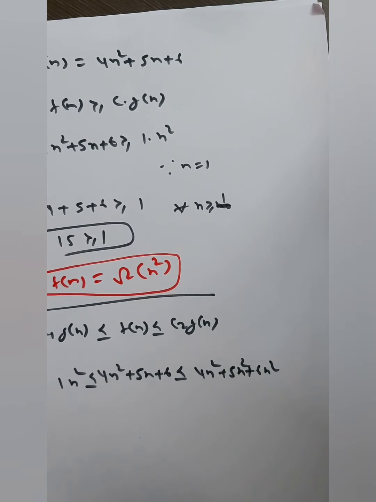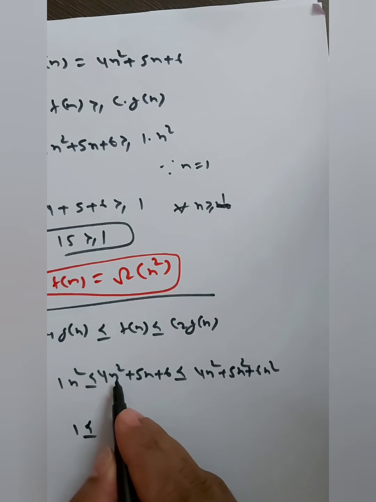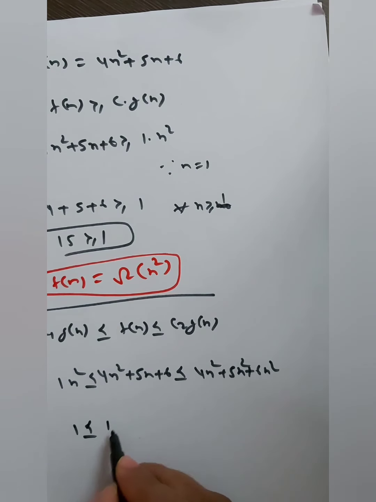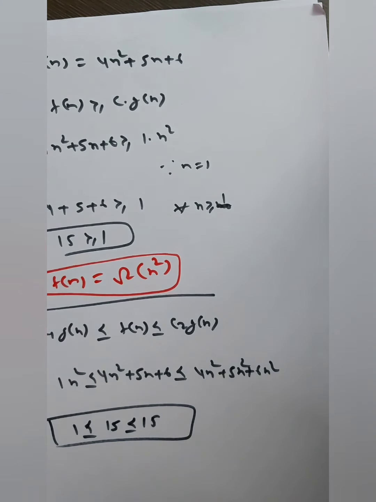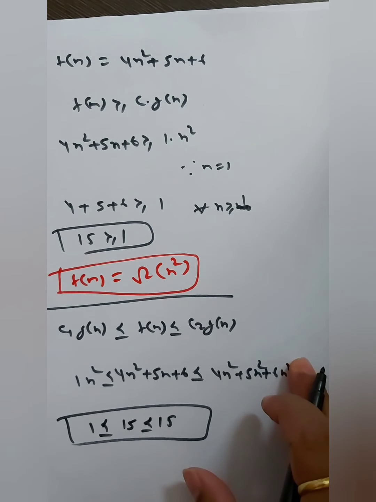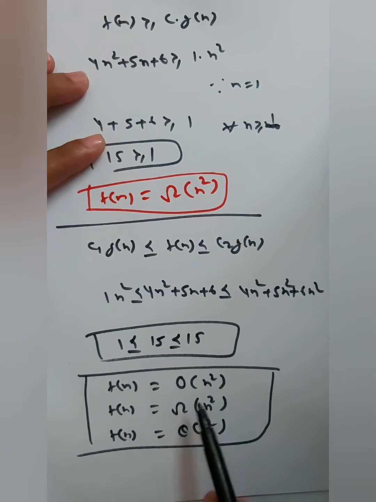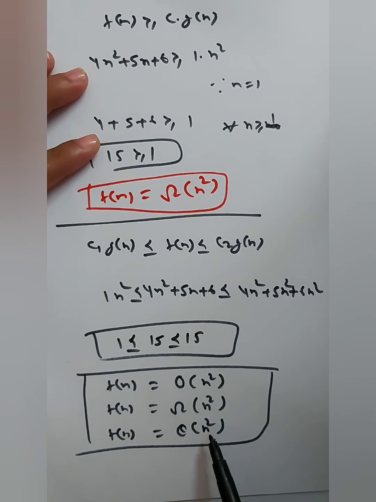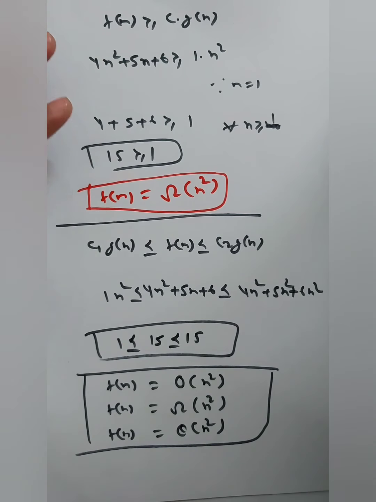If we check with n = 1, then 15 is less than or equal to 15. So this is a proof that we can use any notation for the best case and any notation for the worst case. Thank you. So don't be confused, it's very easy.